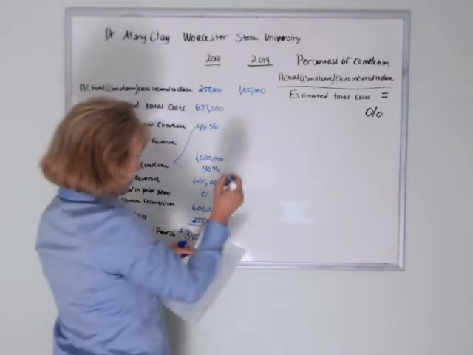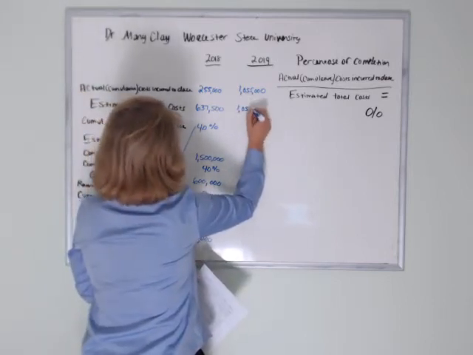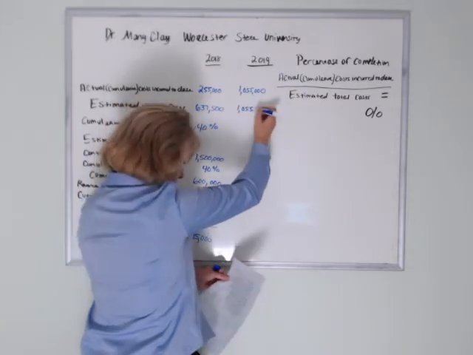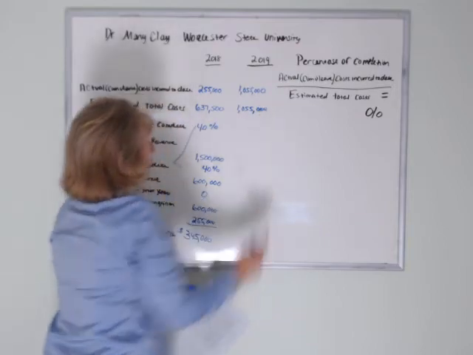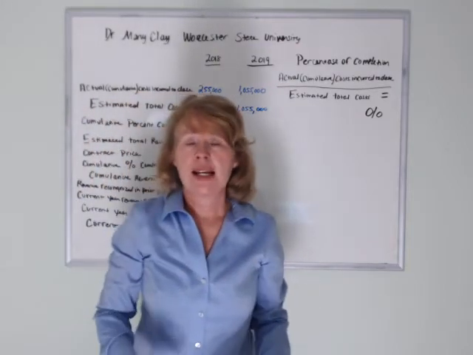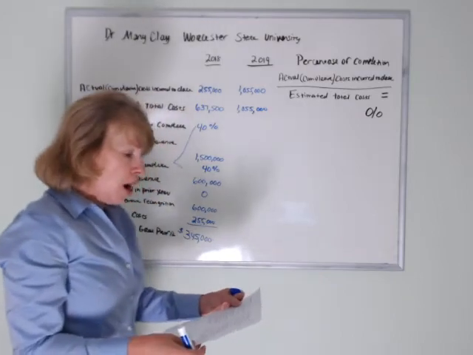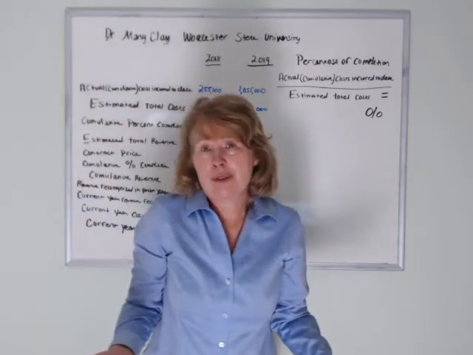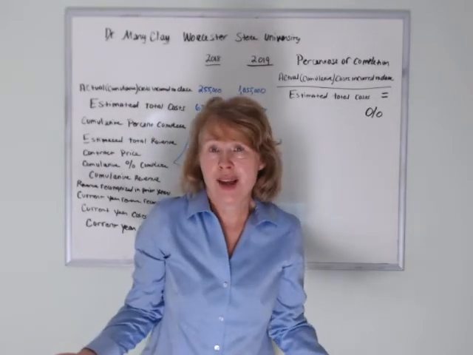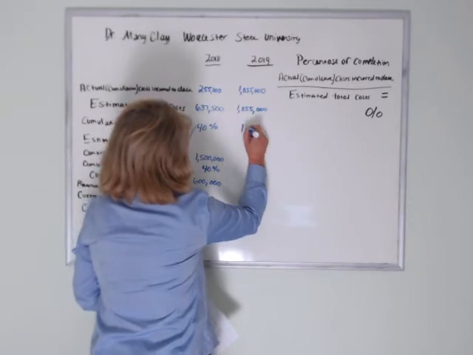It's the same, 1,055,000. Let me tell you why it's the same. It's the last year. These are the total costs that they've completed. So the cumulative percent complete at this point in time is 100%. It's at the end of the second year, so it's 100%.